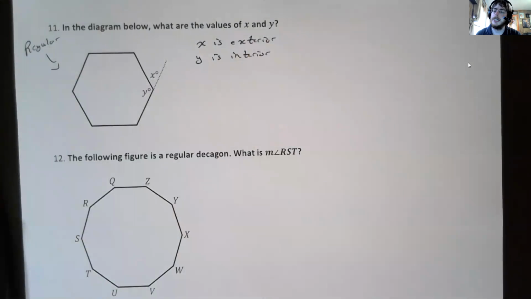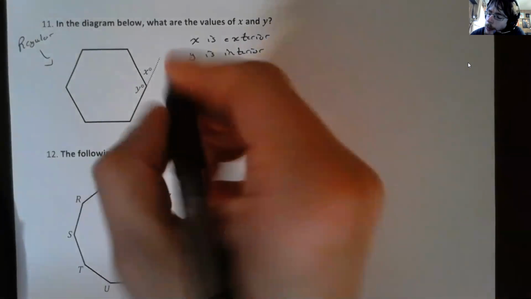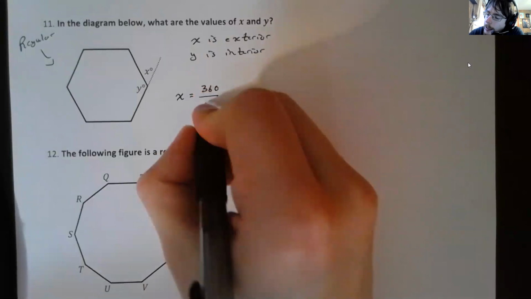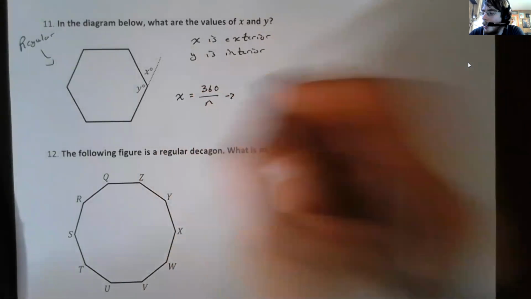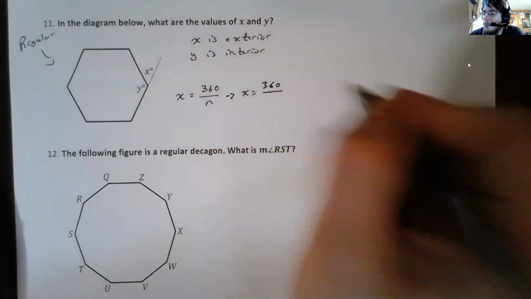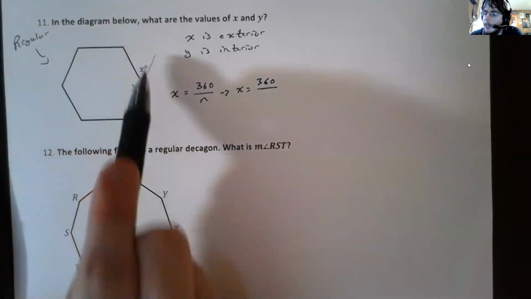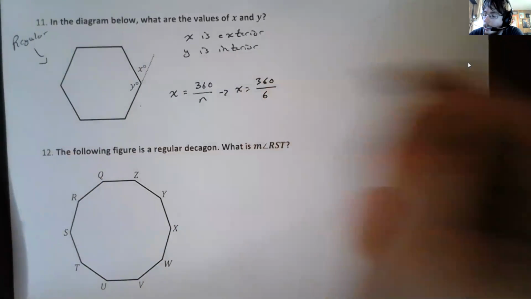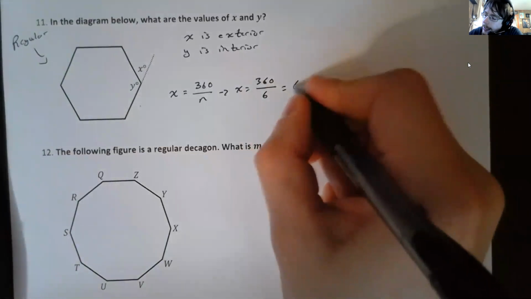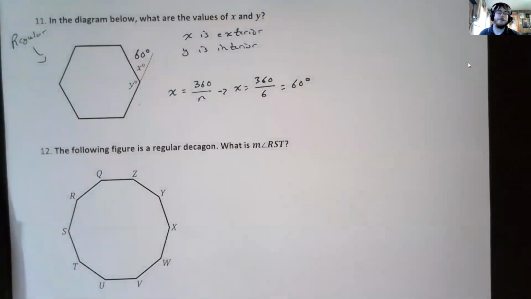Okay, so let's find x. X is exterior and it's a single exterior angle. So we know that x would have to be equal to 360 divided by n, which is the number of sides, 1, 2, 3, 4, 5, 6 sides. And then if we take 360 divided by 6, we get 60 for our exterior angle.